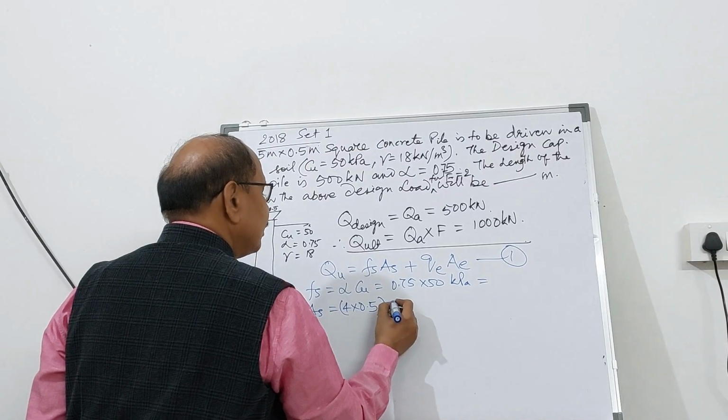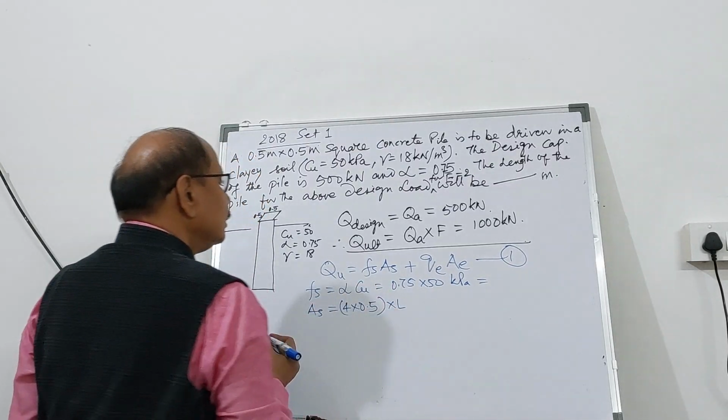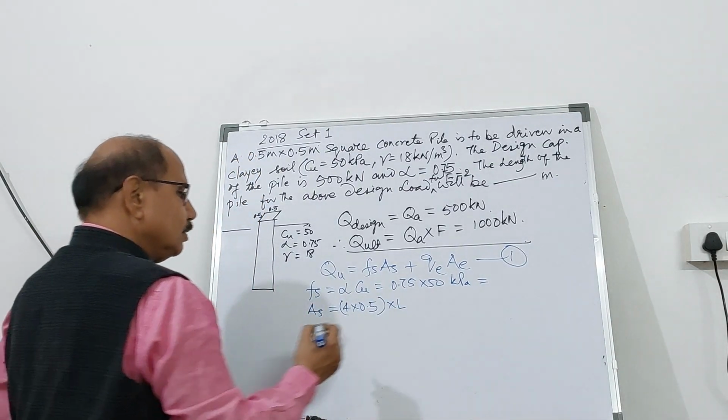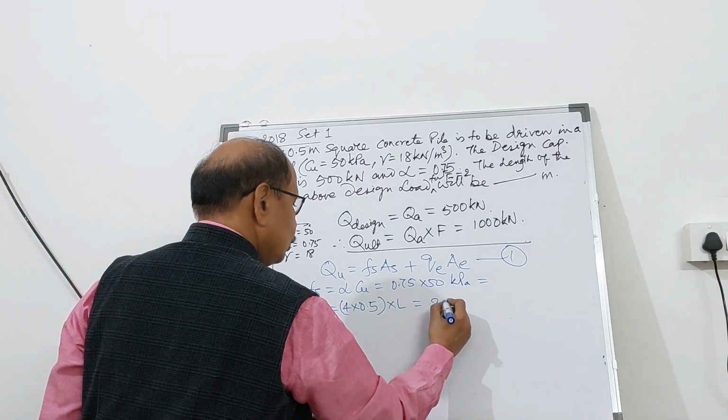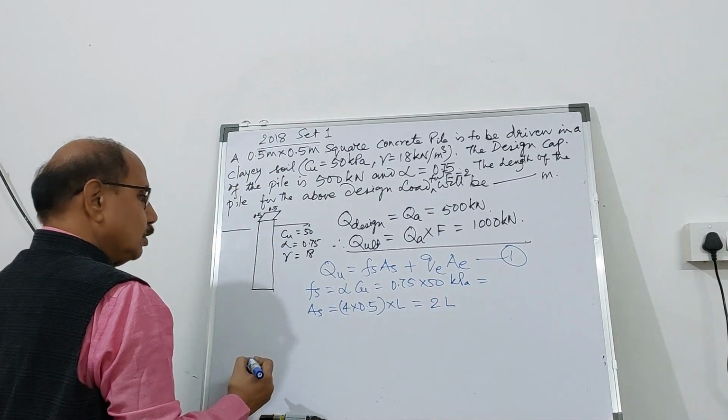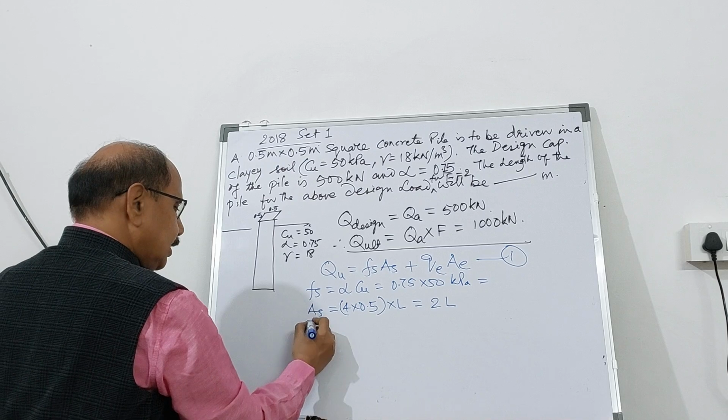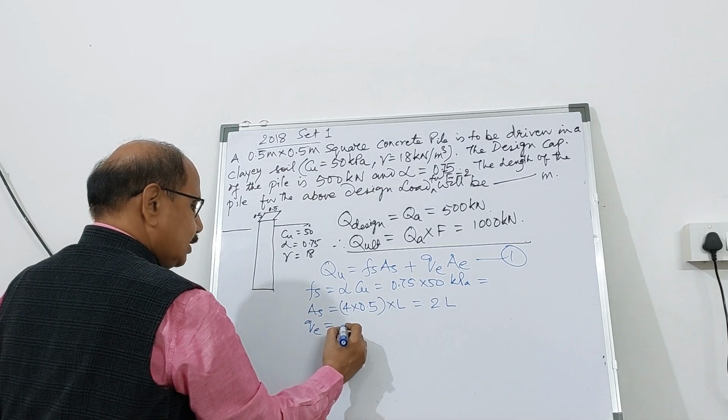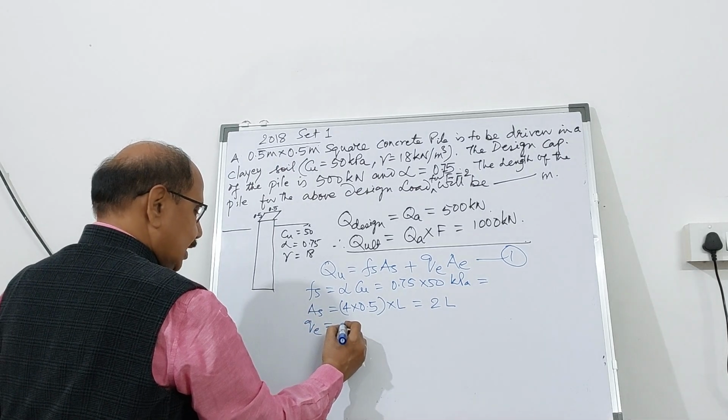So let the length of the pile be L. So you multiply it by L. This becomes equal to 2L. Then calculate QE, which is Nc Cu, where Nc is 9.